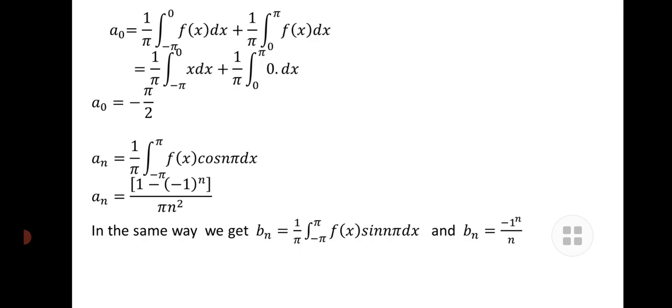In a similar way, the bn value is equal to 1 divided by pi integral minus pi to pi f of x sin nx dx. Using Bernoulli's rule, dividing the interval, taking the integration of the terms and applying the lower and upper limit, we will get the bn value is minus 1 to the power of n divided by n.